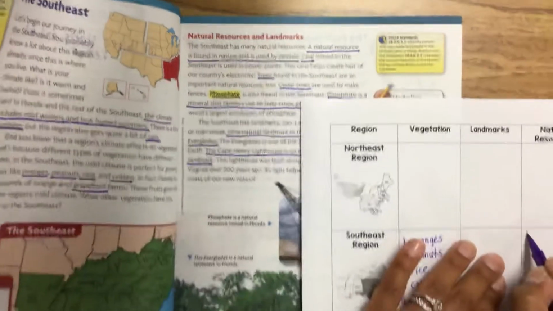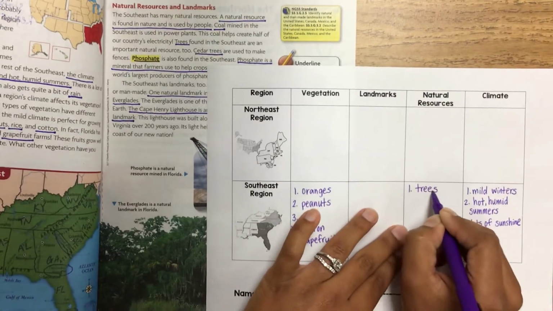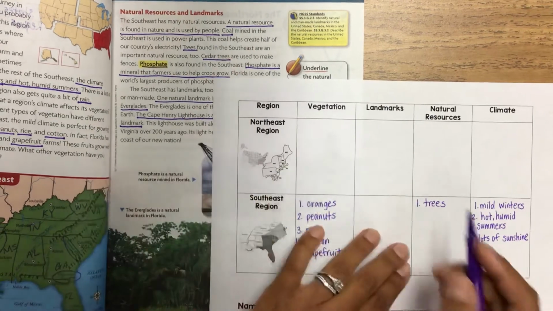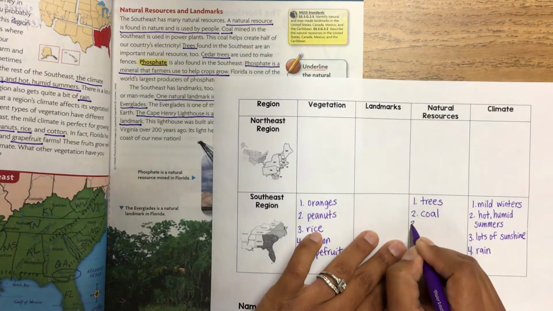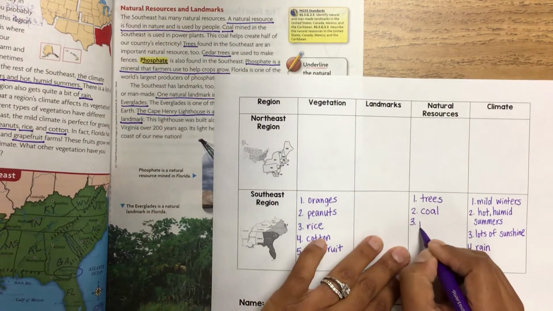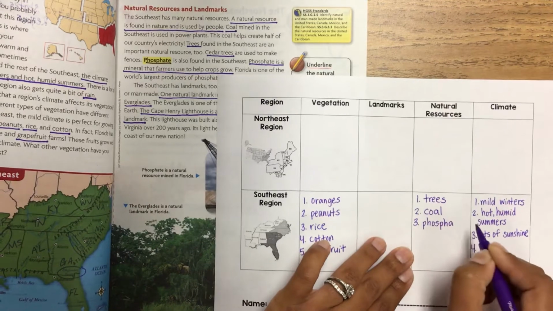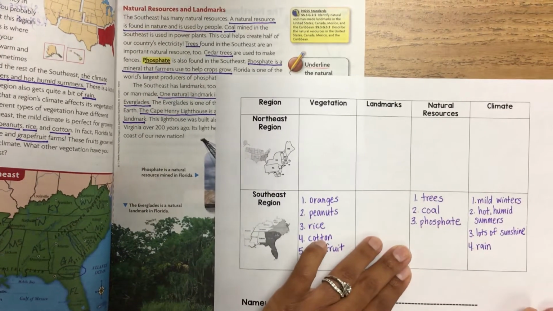The first one we underlined were trees, such as cedar trees. We also underlined coal and phosphate. Now remember, phosphate is a mineral that farmers use to help their crops grow.